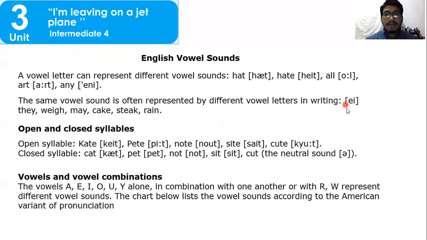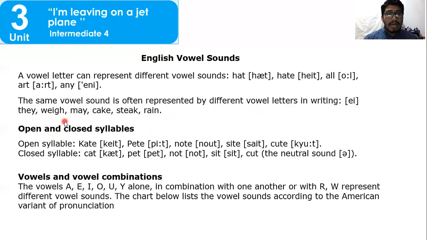Por ejemplo, miren acá, dice A, pero se pronuncia they, wait, may, cake, stick, rain. Okay? And here we have open. Okay? ¿Sí? Ven, miren. Yo sé que se escribe todo distinto, pero todos tienen algo en común, que todos se pronuncian con A, ¿no?